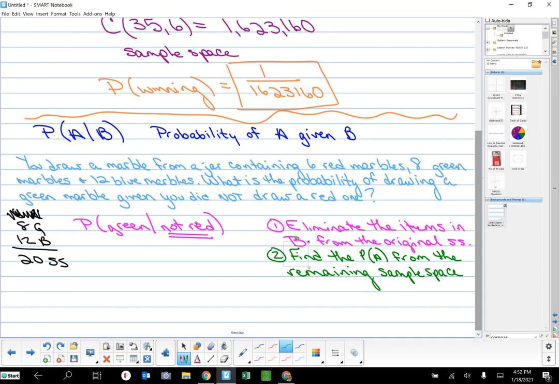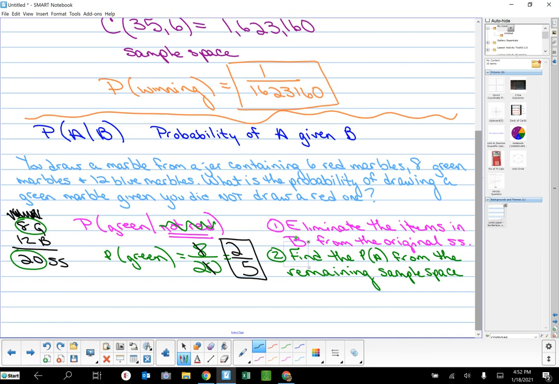So we've pretty much eliminated the red completely. So now we're just finding probability of green. And we know that we're working out of only 20 marbles. We have 8 possible green ones. So we reduce that. 4 goes into both of those 2 times and 5 times. So 2/5. And that's the answer.